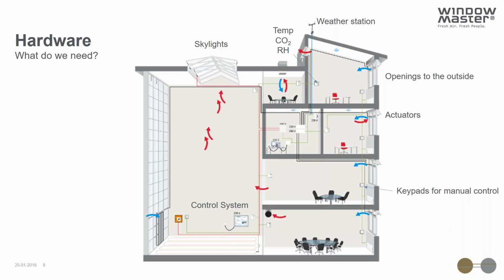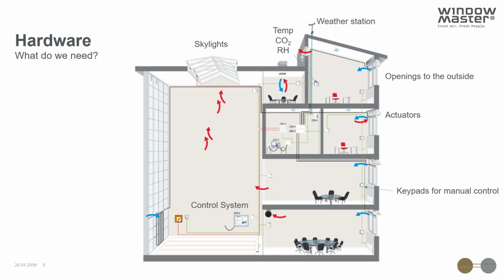This will minimize problems with draft, for example, and it can also increase safety if the building is occupied by children. We don't want any small hands to get trapped in the windows. Skylights are always an advantage because we can have more opening area and utilize the thermal buoyancy, the stack effect.